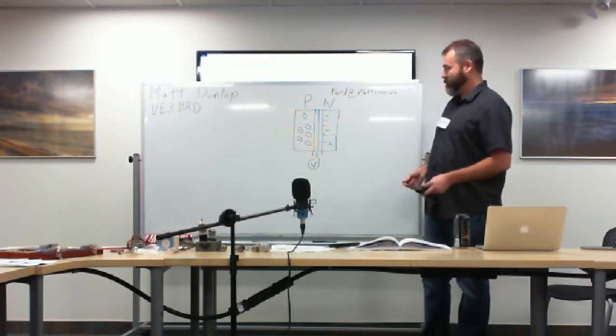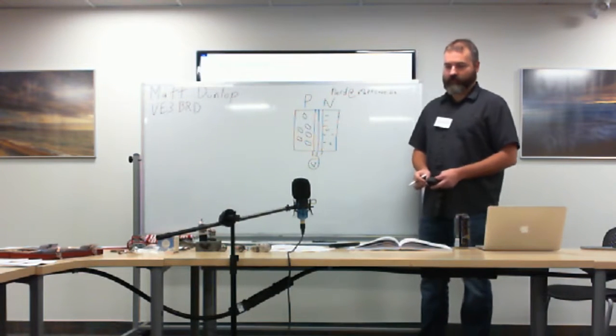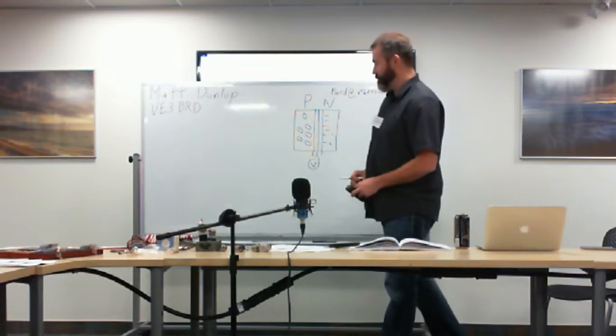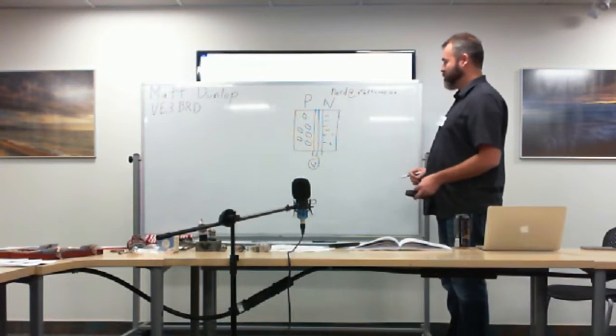So now what can we do with this? Well, we want to be able to control the flow of electrons. That's really the important thing that computers need to process all those ones and zeros.